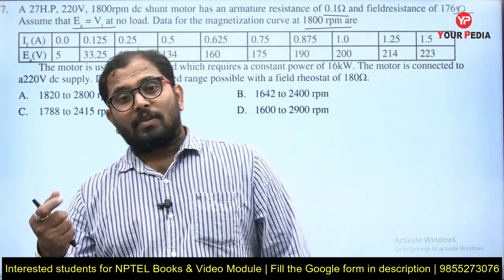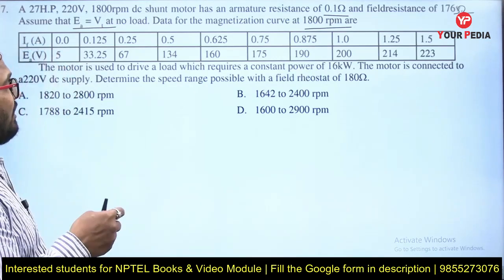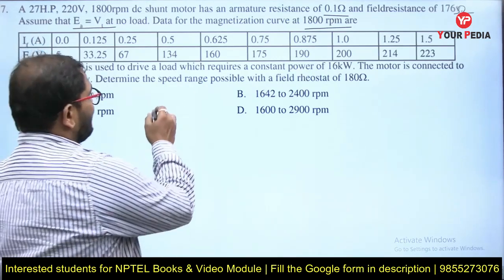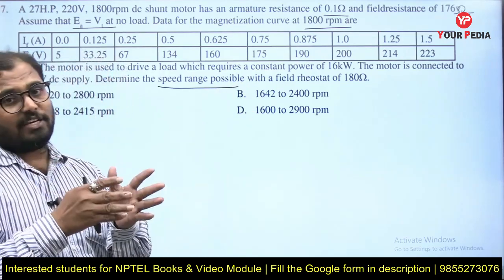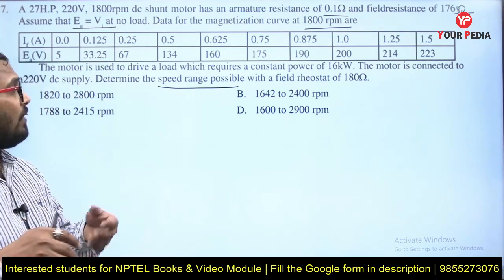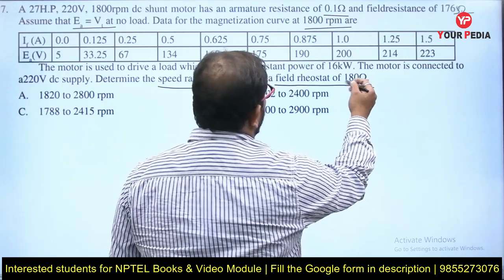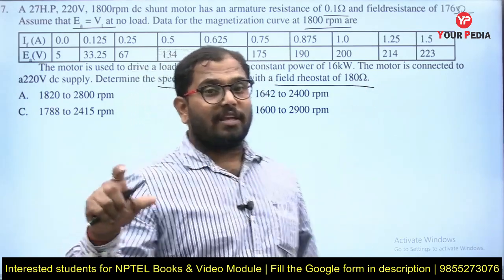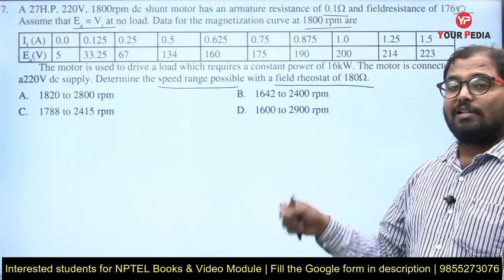So there is a speed variation, with a lower limit and an upper limit, where a field rheostat of 180 ohms is connected and varied. Because of the variation of the field rheostat, how the speed will change.